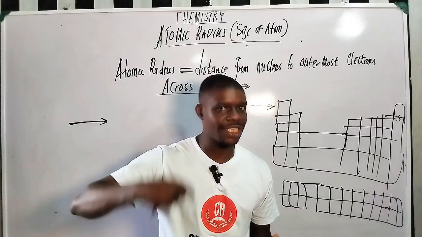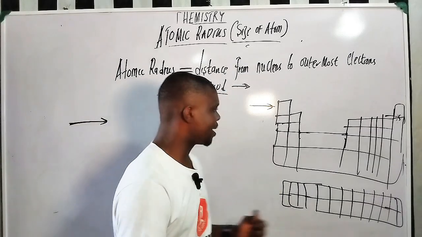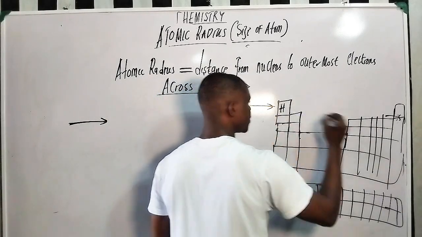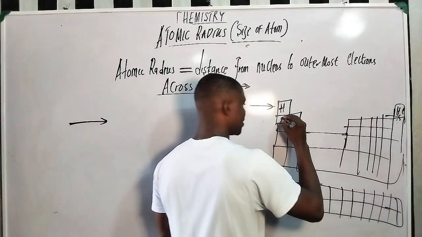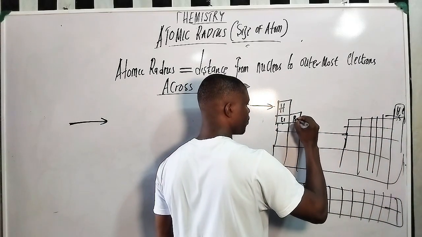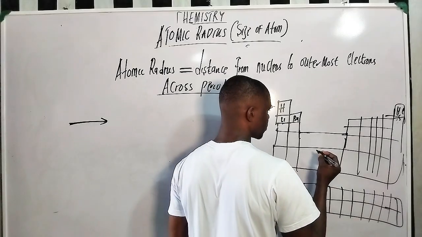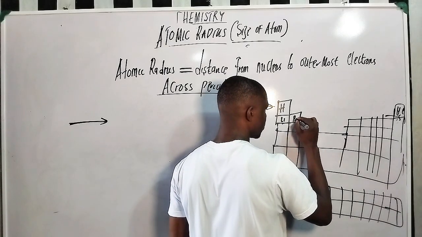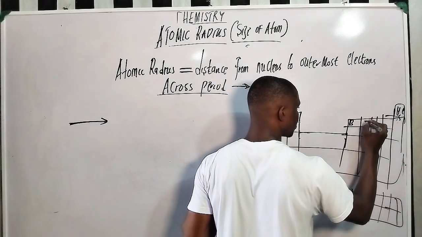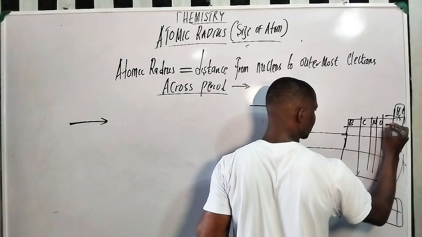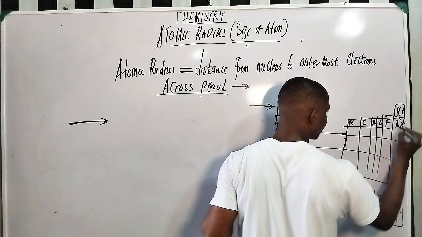have the same energy level. So for example, here we have hydrogen, helium, lithium, beryllium, boron, carbon, nitrogen, oxygen, fluorine, neon, right?